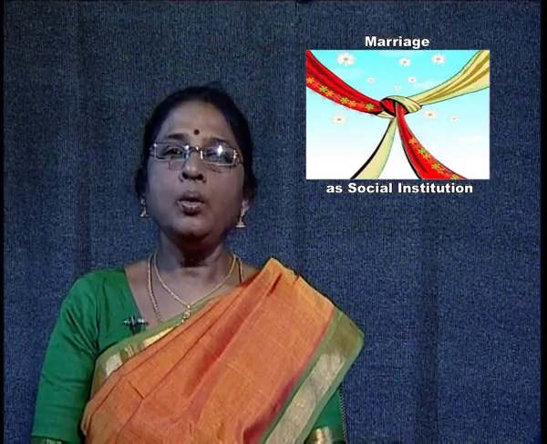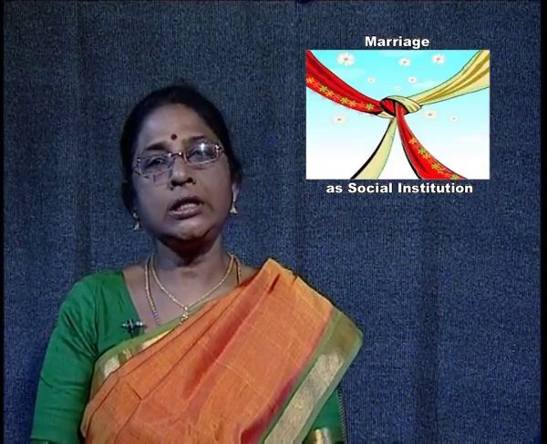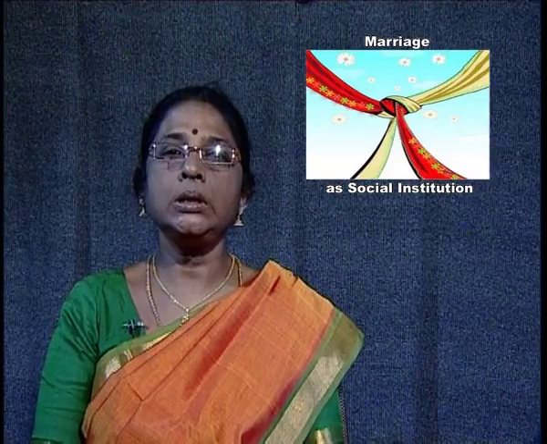Similarly, rules have been made in all societies to regulate the individuals to select a mate. There are two types of marital regulations found in all societies. They are endogamy and exogamy. What is endogamy?